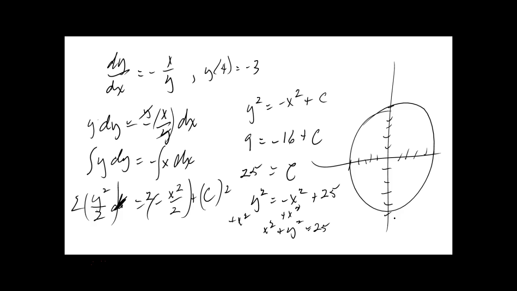Okay, that would be the solution. Now, trouble is it's not a function, so it's either going to be the top half of the circle or the bottom half of the circle. One or the other.